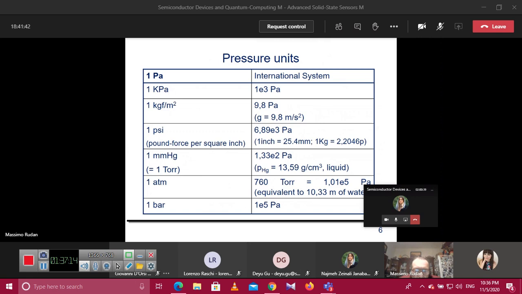The British units are the pound force per square inch, PSI. Remember that 1 inch is 25.4 millimeters, and a pound is such that to make 1 kilogram you need about 2.2 pounds. So 1 psi is about 6.89 kilopascal.